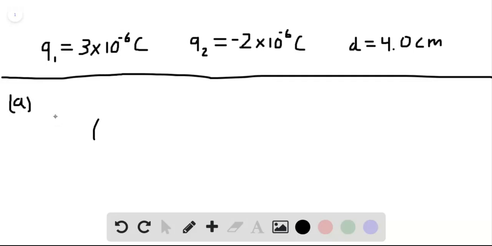So the electric field here, E, is going to be equal to K, which is 1 over 4 pi epsilon naught.